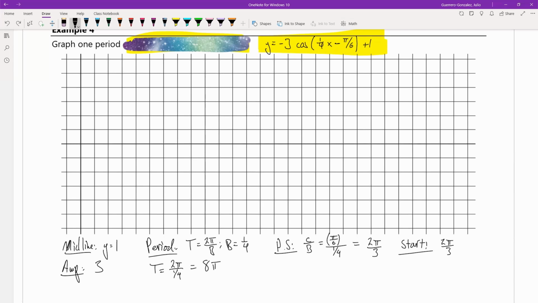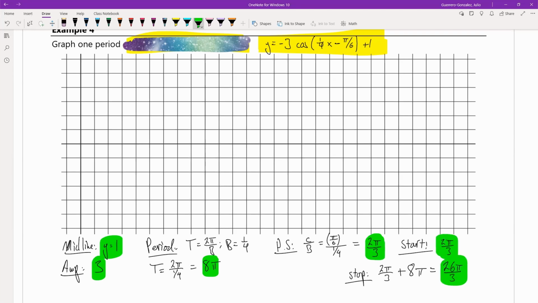The stop portion is going to be the start, 2 pi over 3, plus the 8 pi of a period. And if you compute these outright, 26 pi over 3. Don't hate me yet. Please. Okay? We have all our important bits: the 8 pi period, the phase shift, start, and stop.